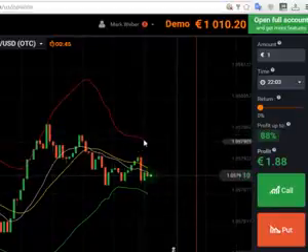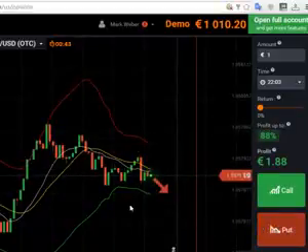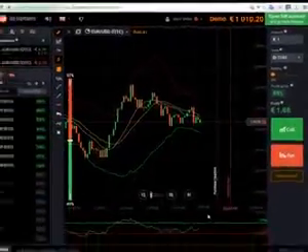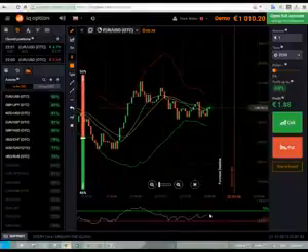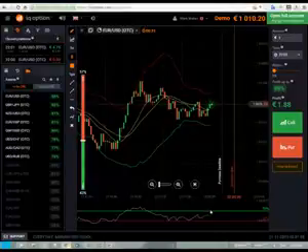If it hits the upper line, we make a put. And also we are monitoring the RSI indicator to see the trend first of all, and then if the asset is overbought or oversold.